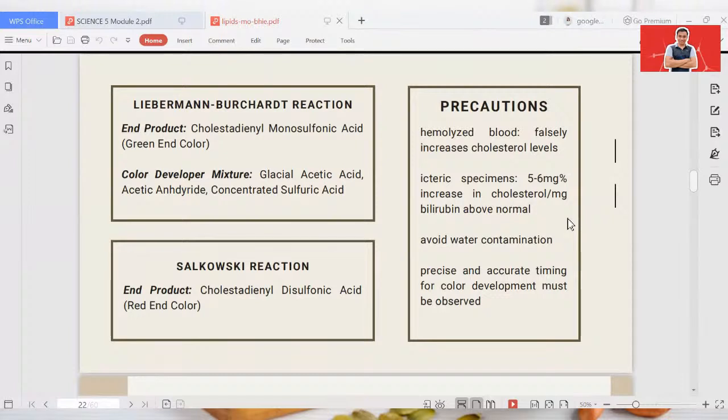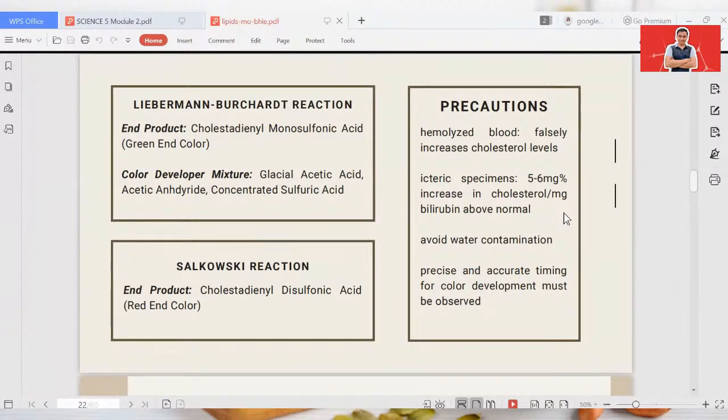And also we have the Salkowski test. In this test, it is not only specific for cholesterol but may also be used for other sterols, where cholesterol is dehydrated and oxidized with addition of iron salt from concentrated sulfuric acid and acetic anhydride to form cholestyramine disulfonic acid that is red in color.